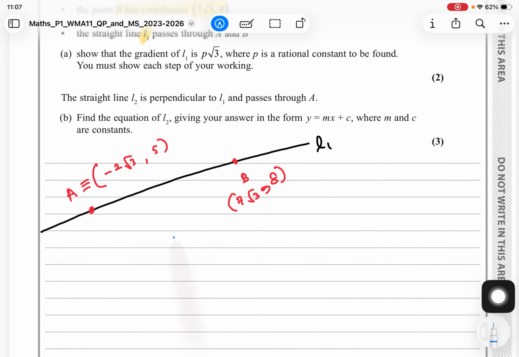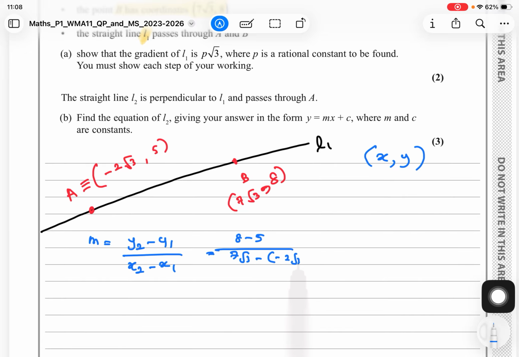So m is going to be y2 minus y1 divided by x2 minus x1. The coordinates are always x comma y. So 8 minus 5 divided by 7 root 3 minus 2 root 3.